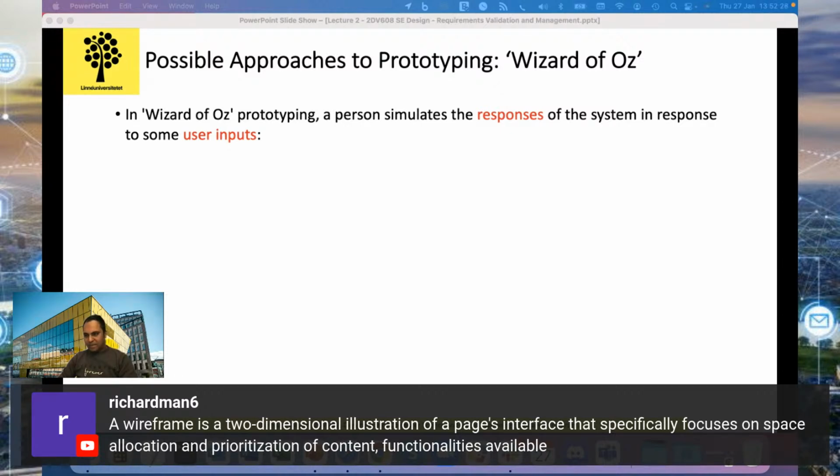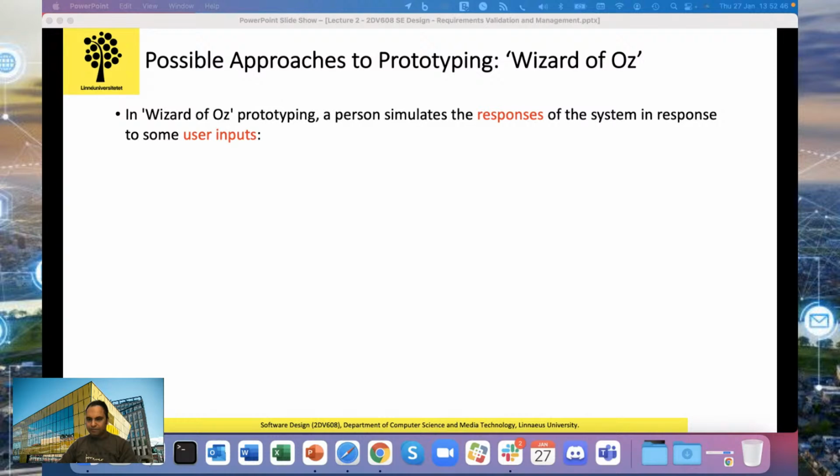But I think this kind of concept is not so much used in software engineering, or at least in requirements engineering. Perhaps they are from different domains, but yes, the concept is right, what Richard mentioned.